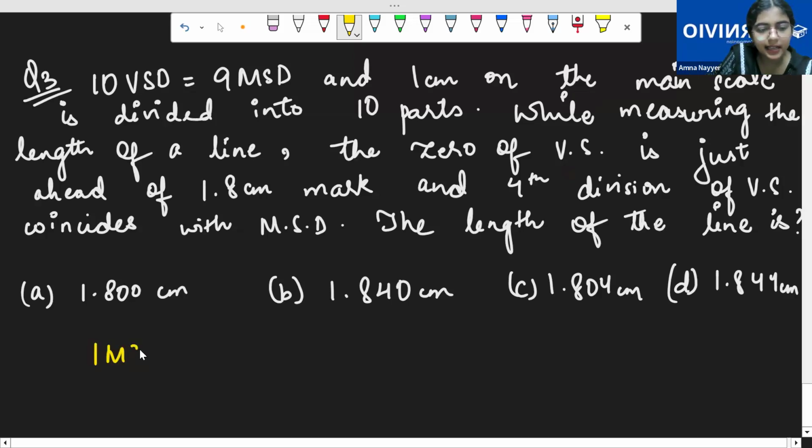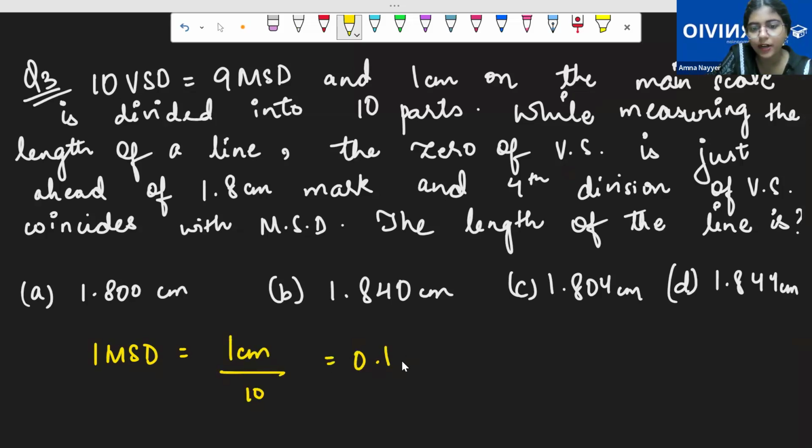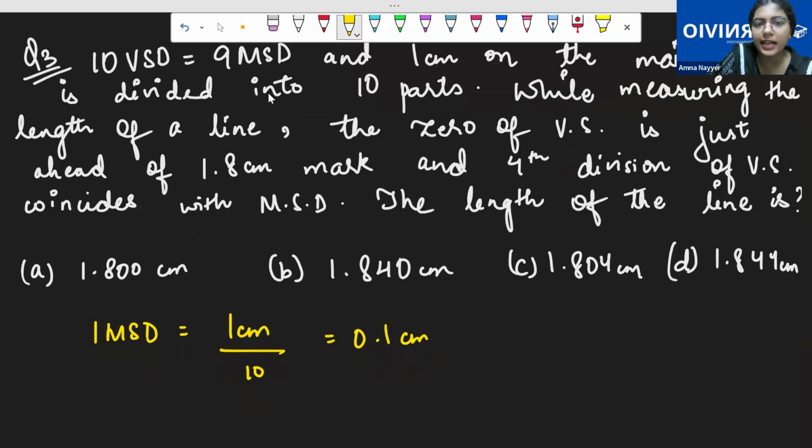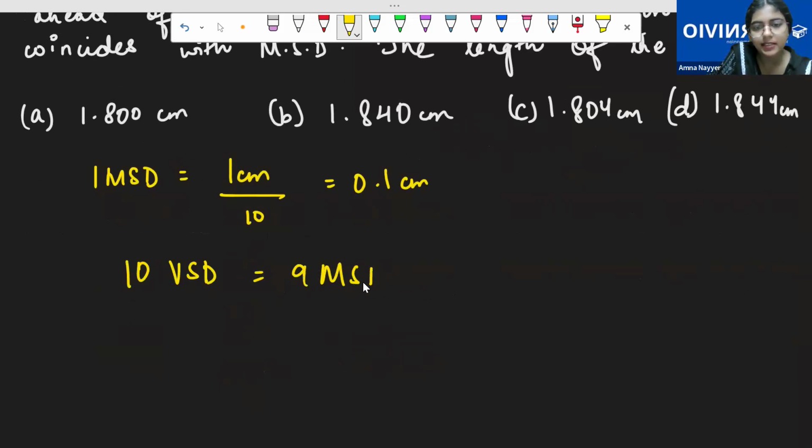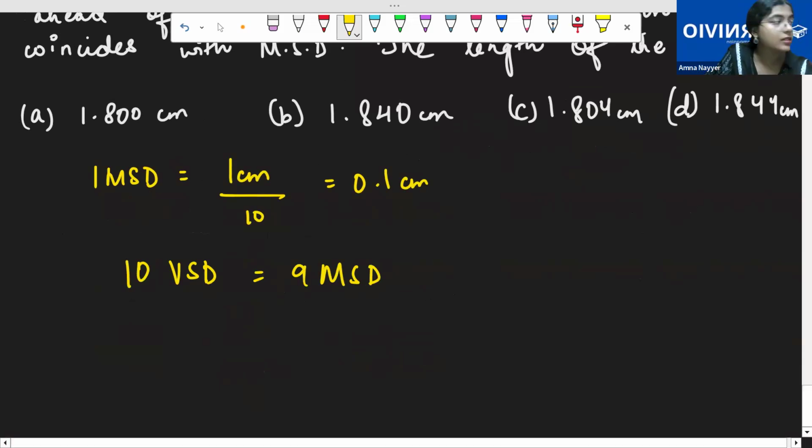So 1 main scale division will be 1 centimeter by the number of divisions, that is 0.1 centimeter. Now 10 VSD is equal to 9 MSD. So what we'll have to calculate? We have to calculate the least count first. So least count will be equal to 1 MSD.